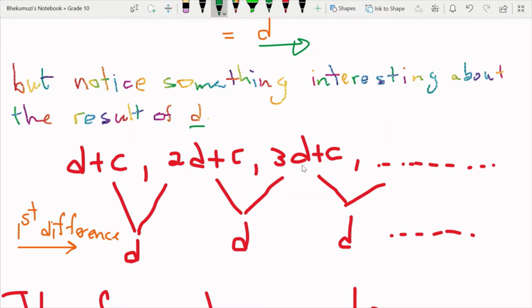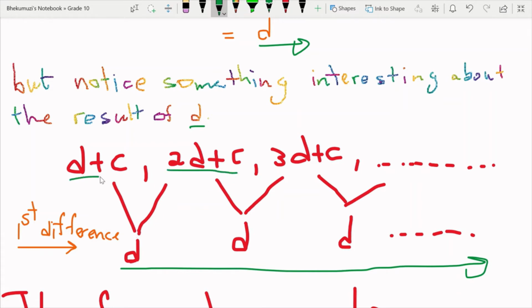It should always give you a first difference that is d, straight across. That is why when we draw these lines going down, we are signifying that we are taking 2d plus c subtracted by d plus c. And for this one, it's 3d plus c minus 2d plus c, and that gives us d.